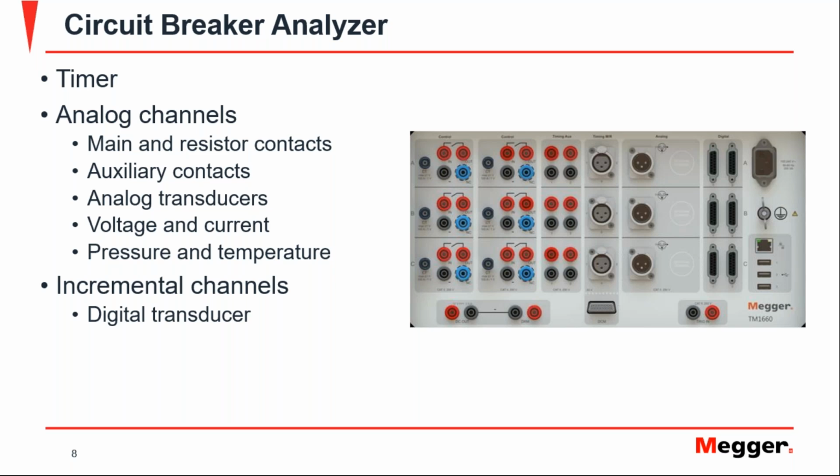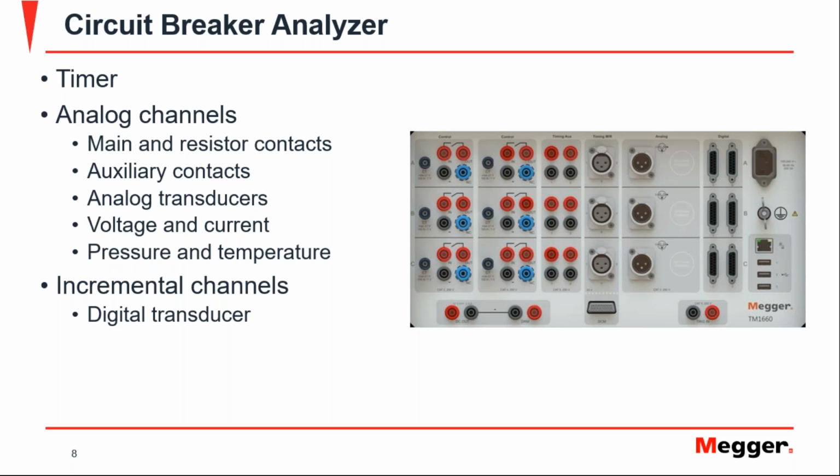The basic principle of operation is that from the instrument you send an operating command, or it closes a contact, and at the moment the close signal is sent, the timer starts. As soon as any of those analog channels, depending on how you have programmed or set up the test plan, captures information and something happens, the timer stops.